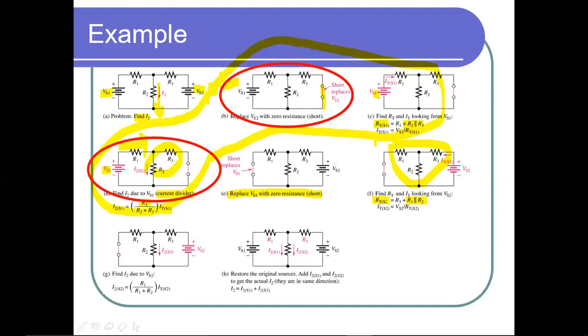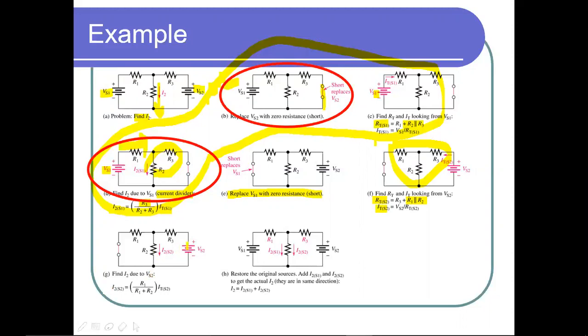So the total current supplied by the second source equals the total voltage of the second source by the total resistance with reference to the second source. Then you will get Is2, the total current supplied by the second source when Vs1 is short circuited.